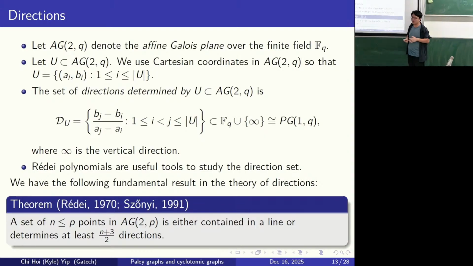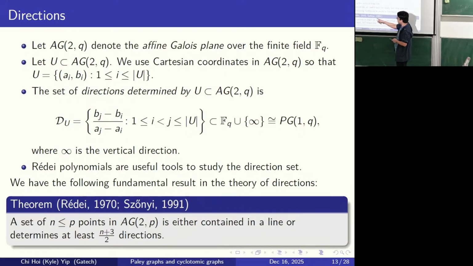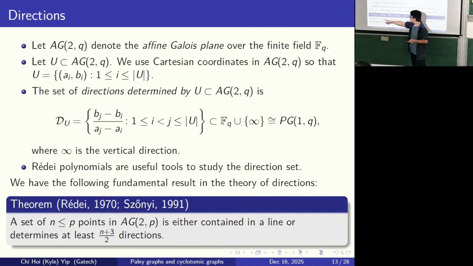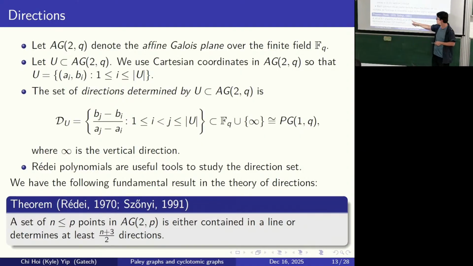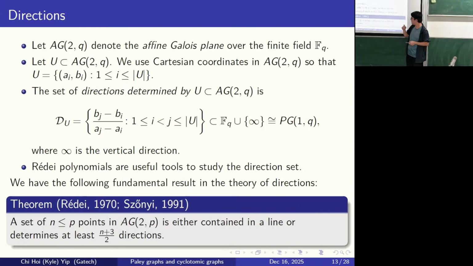Because if all the points are collinear, of course there is only one direction. But this result says that assuming they are not all collinear, the number of directions is at least the size of the point set divided by 2. This was resolved by Rédei in the 70s when n is equal to p, and was further extended by Szőnyi in '91 for all n less than or equal to p.